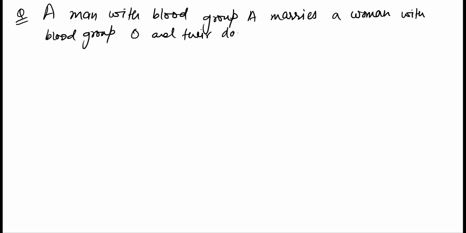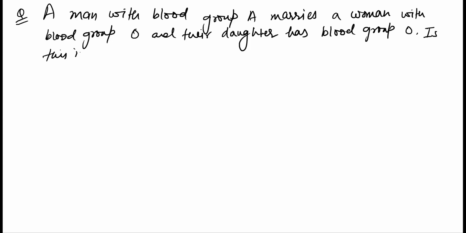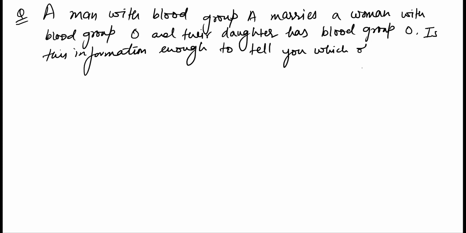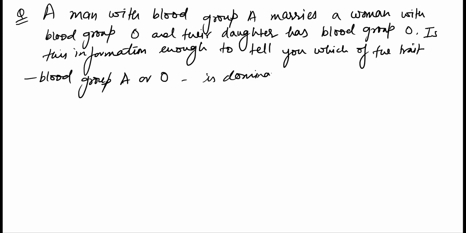And their daughter has blood group O. Is this information enough to tell you which trait, blood group A or O, is dominant?